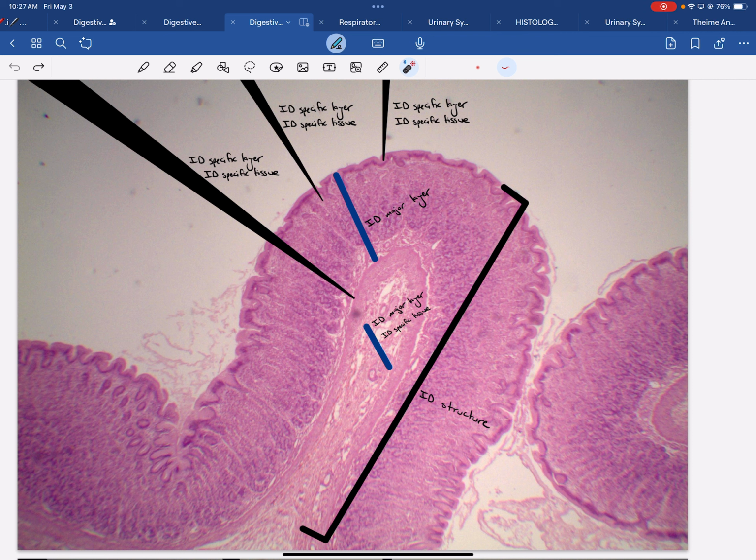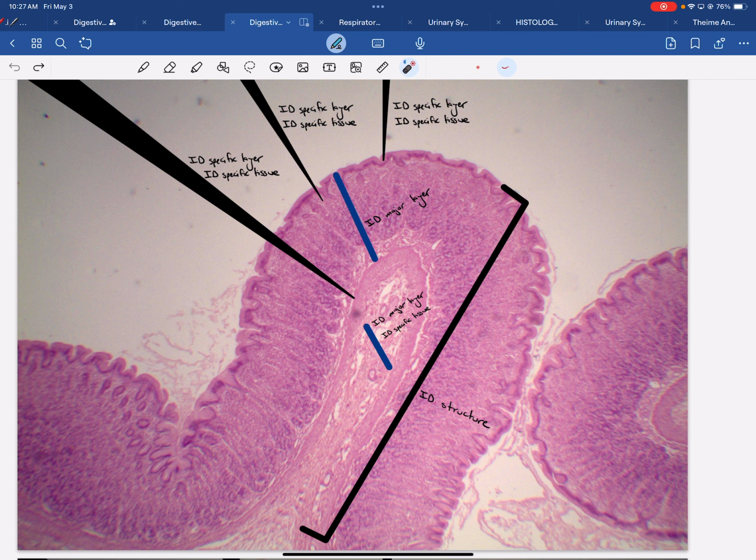So which regions of the GI tract have giant folds in the submucosa? Okay, the large intestine, yes, but we don't learn the names of those folds, so we can't use that. Which other regions have folds in the submucosa that we learned the names of?